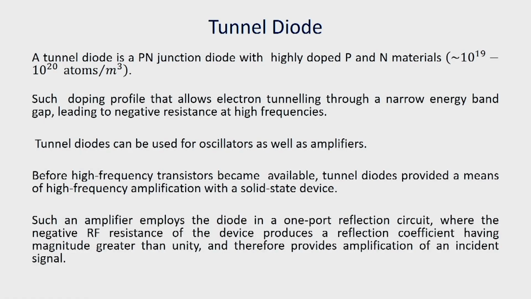Such amplifier employs the diode in a one port reflection circuit, where the negative RF resistance of the device produces a reflection coefficient having magnitude greater than unity, and therefore provides amplification of an incident signal.